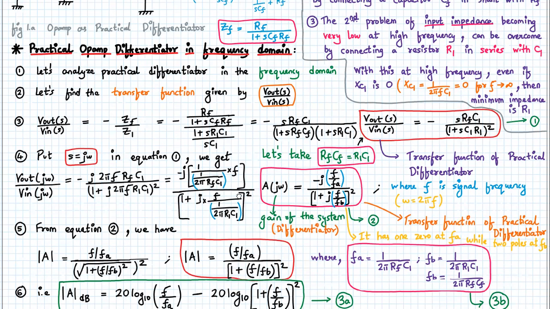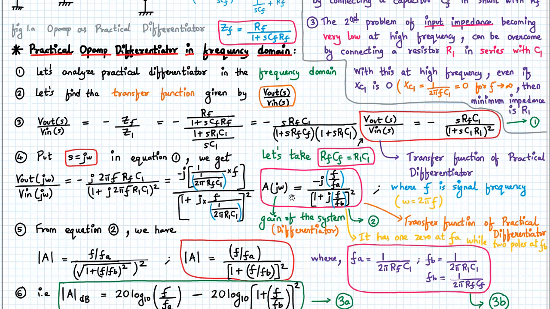So why we do this, we will understand now. Let's say that the gain of the system, that is the differentiator in the frequency domain, will be rewritten as minus j times f upon fa divided by (1 plus j times f upon fb) the whole square.